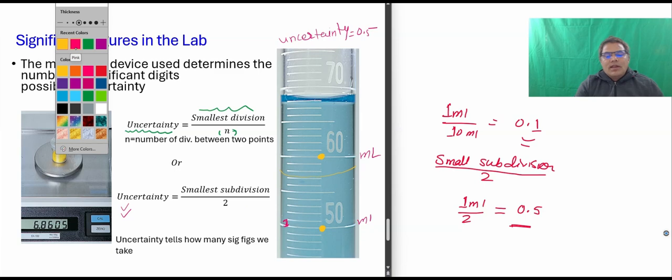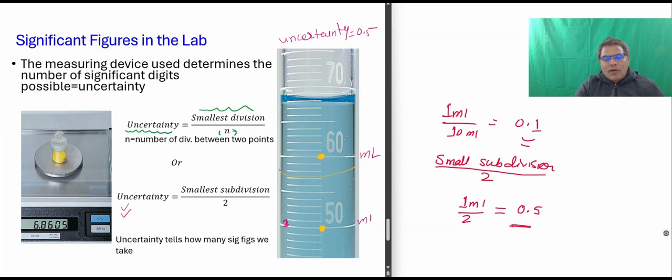Now if this is the meniscus you get, how do you say that it is a 0.5? What will be its measurement? See, this is 50, 51, 52, 53, 54, 55, 56, 57. Yes, I can guarantee 57, right?